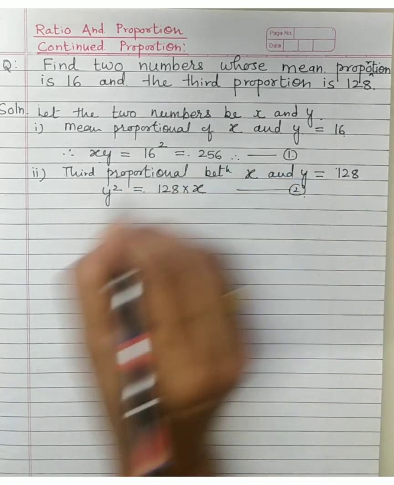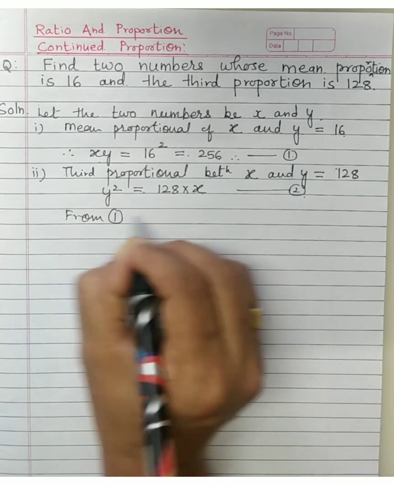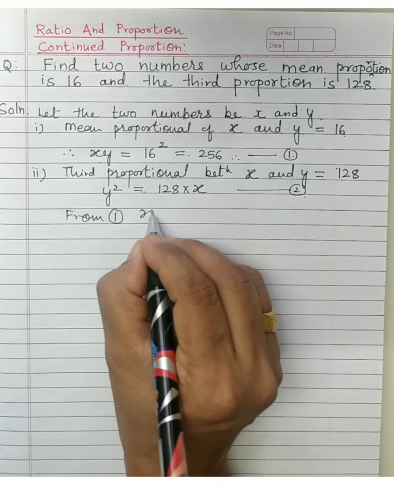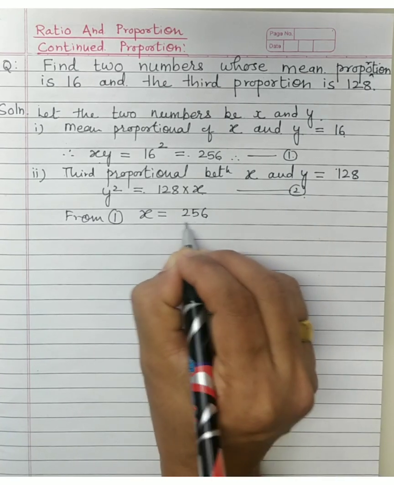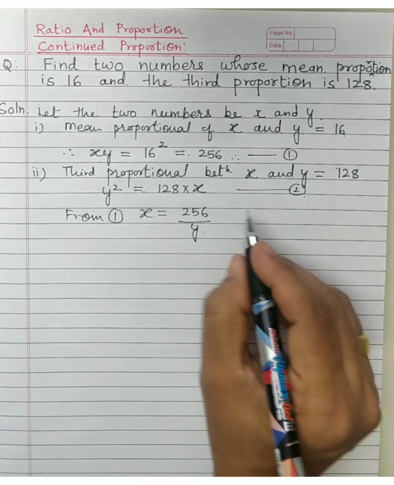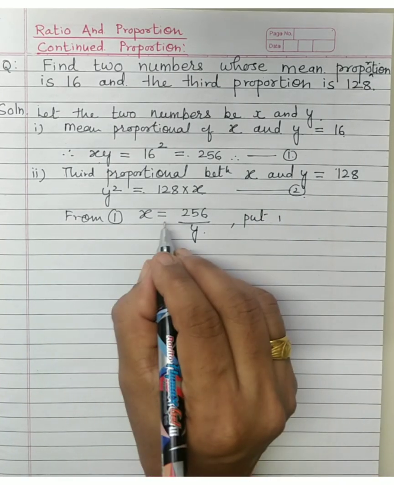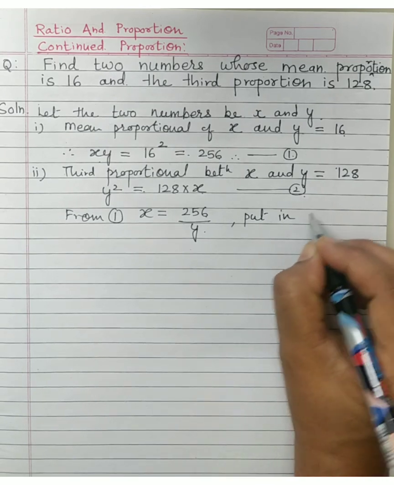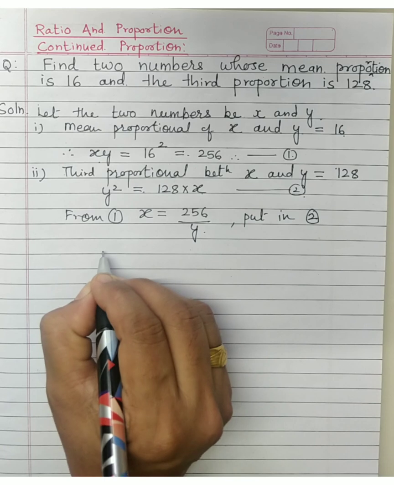So here X into Y is equal to 256. From 1, XY is 256. So X will be equal to what, children? 256 upon Y. And you need to put this value of X from 1 in the second statement. So what do you get here?